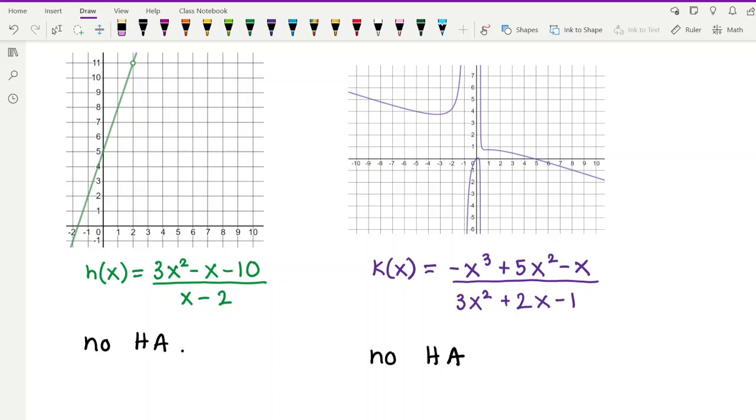Then on this graph, we'd say as x approaches -infinity, k of x approaches positive infinity. It goes up to the left. And on the right, as x approaches positive infinity, the graph goes down, k of x approaches -infinity. So that does happen with some rational functions. They don't all have horizontal asymptotes.